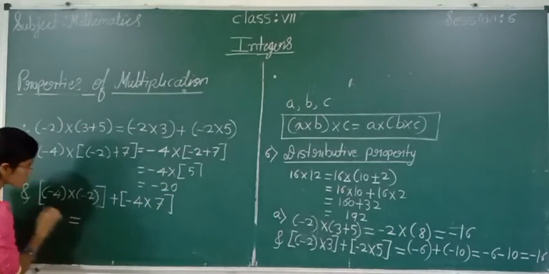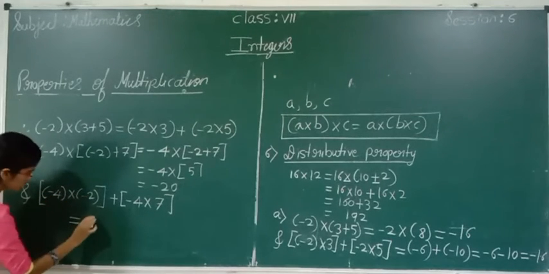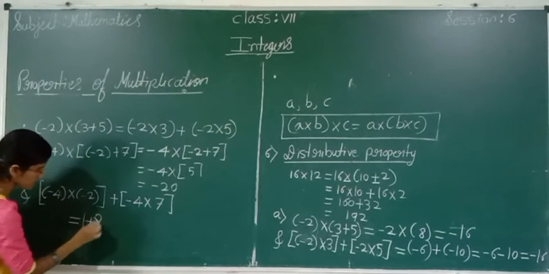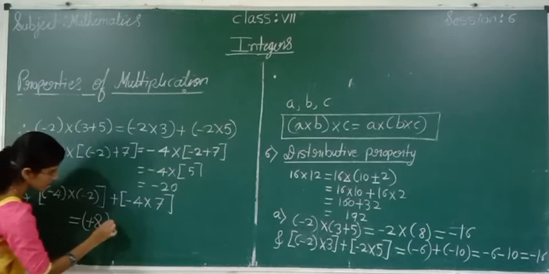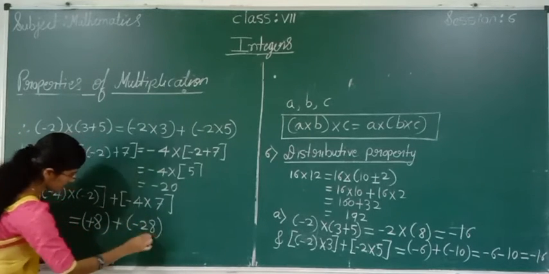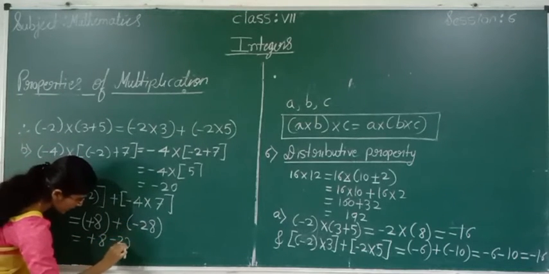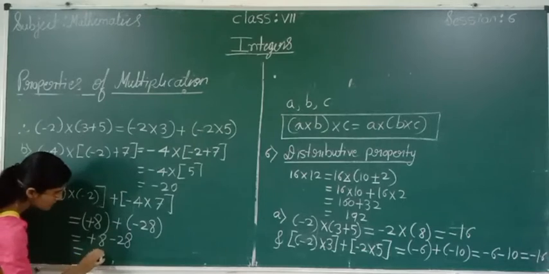I will check here also whether the answer comes the same or not. 4 2s are 8, plus 8, plus minus 7 4s are 28, so 8 plus minus 28 is minus 20. The answer we are getting is minus 20.